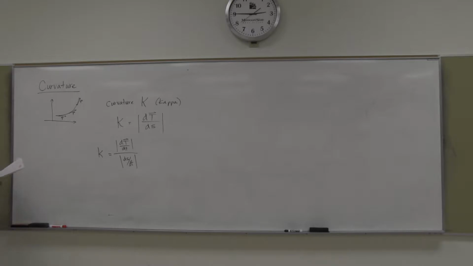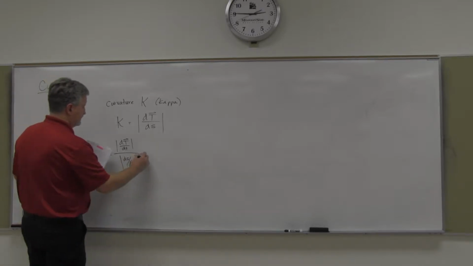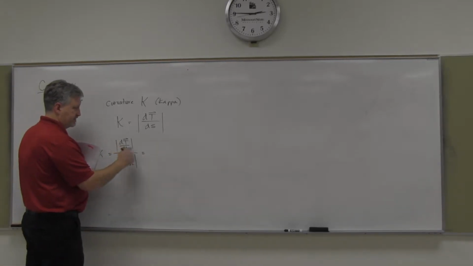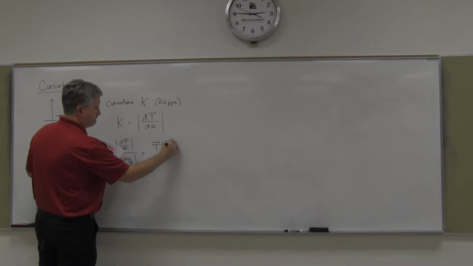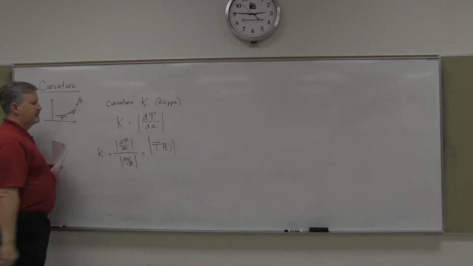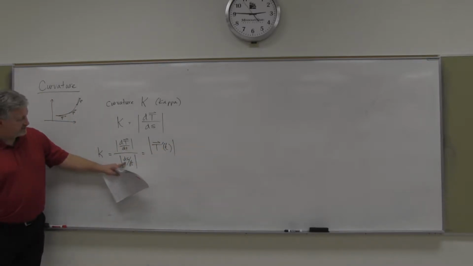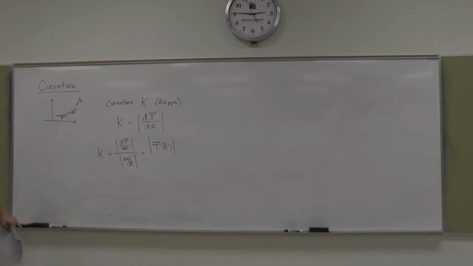It's the magnitude of the tangent vector derivative, dT/dt, divided by ds/dt. That's what that is, and this is the derivative of s with respect to t.